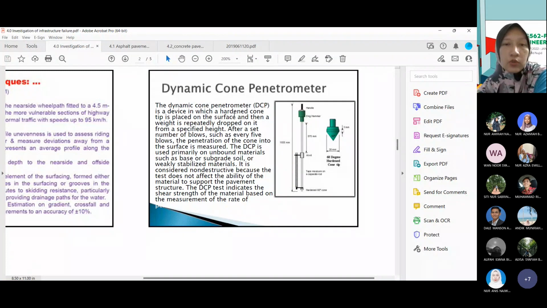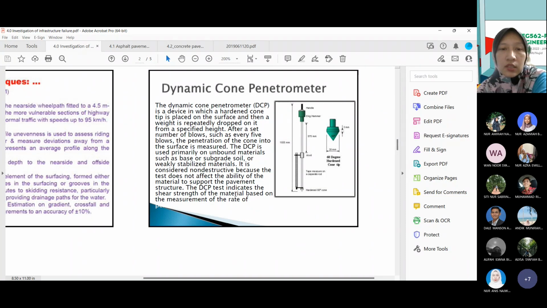After a set number of blows, such as every 5 blows, the penetration of the cone into the surface is measured. The DCP is used primarily on unbound materials such as base or subgrade soil. If you remember, this dynamic cone penetrometer was also introduced in chapter 2 in the geotechnics course. It is part of soil investigation testing. The dynamic cone penetrometer can give you the strength of the materials.